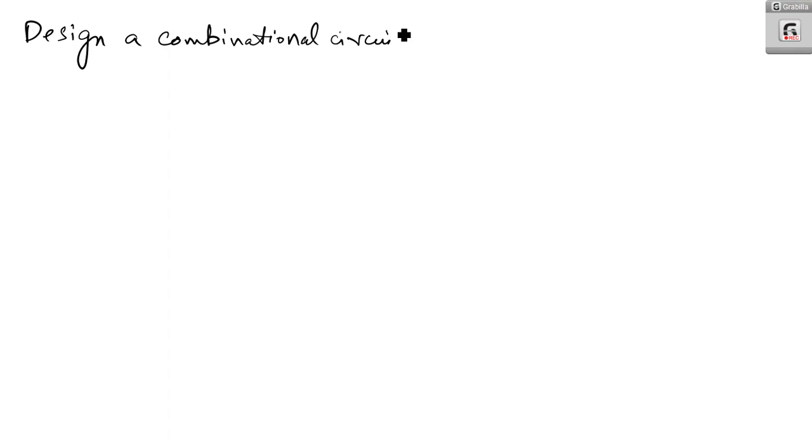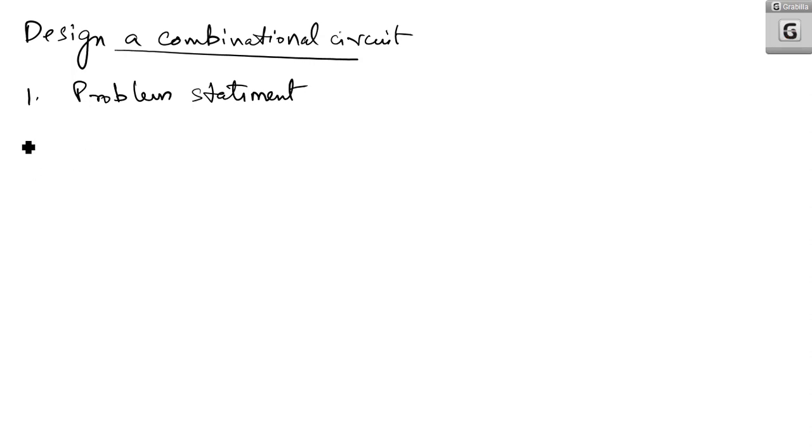Now to design a combinational circuit, you need to follow these steps. First, you should have the problem statement with you, that means what function needs to be executed.